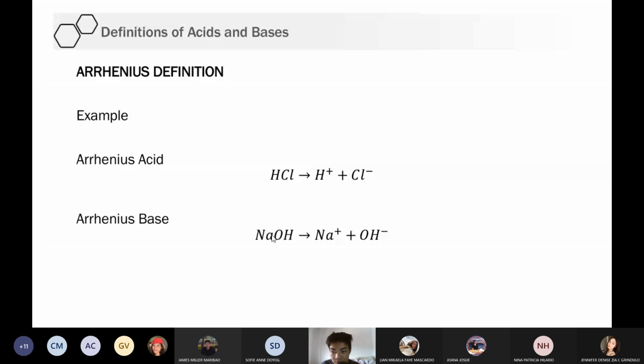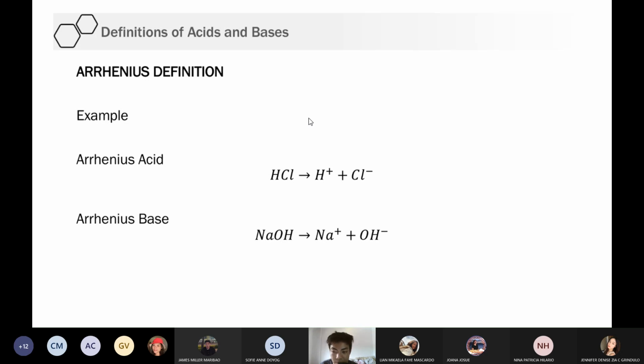Ito naman, sodium hydroxide is an Arrhenius base. Bakit? Kasi it contains an anion, OH minus, okay, hydroxide. So when sodium hydroxide dissociates in water, it produces sodium ion and hydroxide anion, okay. So since it produces OH minus, yan ay Arrhenius base, okay.